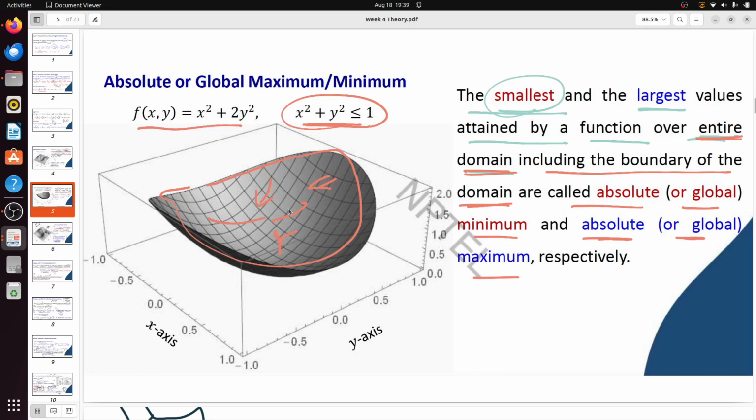And the local minimum, the global minimum, is actually here, because wherever you start, if you drop a marble here, it will come back to here, right? So the global minimum exists at the point (0,0).